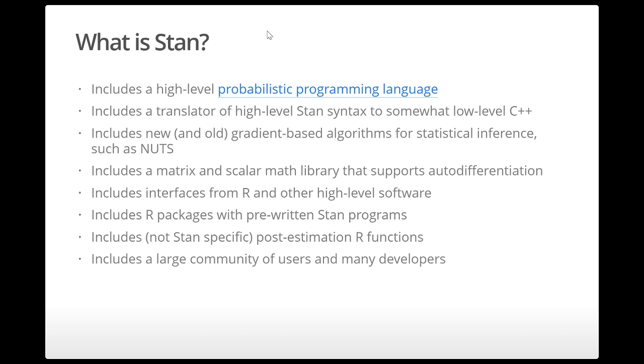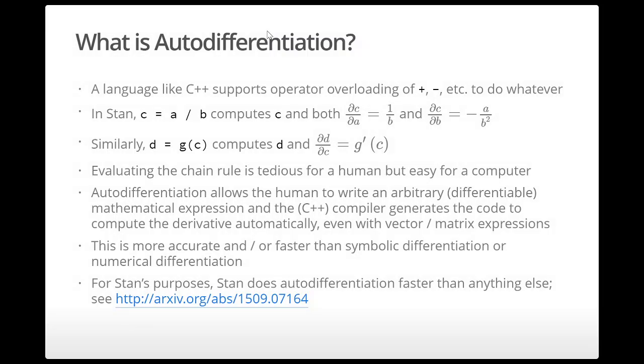There are interfaces to the whole thing from R and from Python and some other things. We have a bunch of R packages that provide Stan programs and help you deal with the output. And then there's a large community of people by now who use it, and a smaller community but still large, who develop it, including some people who were in the QMSS program in previous years. So I explained auto-differentiation a little bit.